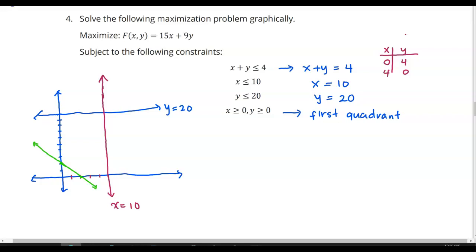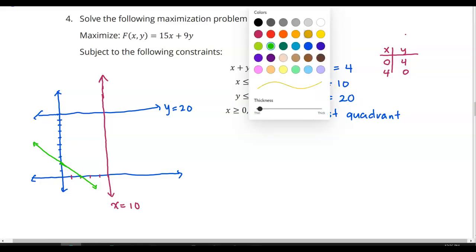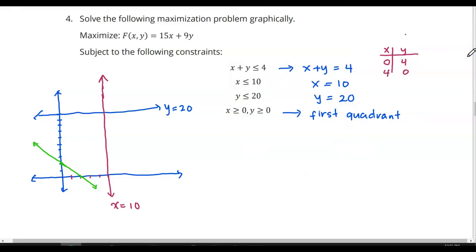So therefore, we are going to get the different regions. Let's identify the different possible feasible regions. We can have this one here, region 1. This is your region 2, region 3, region 4, and region 5.